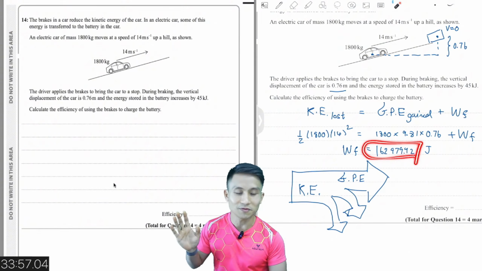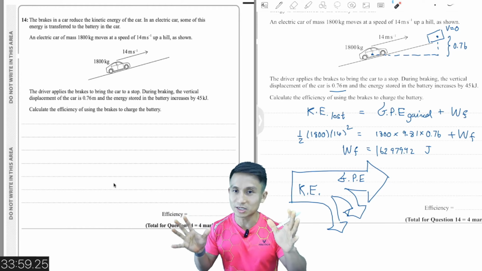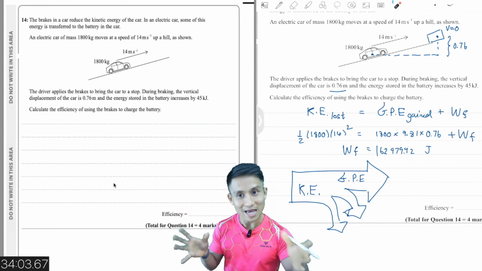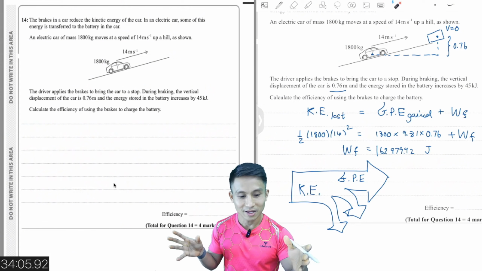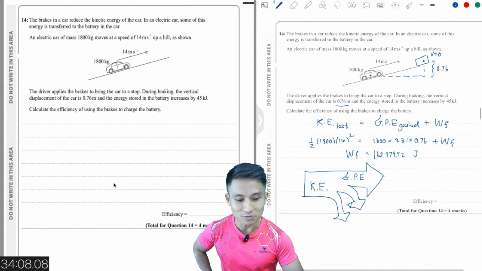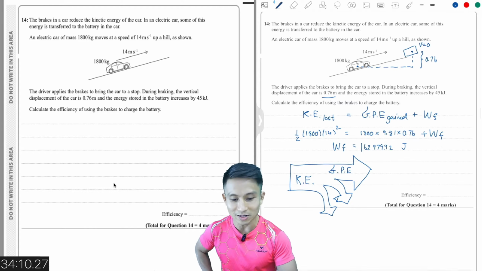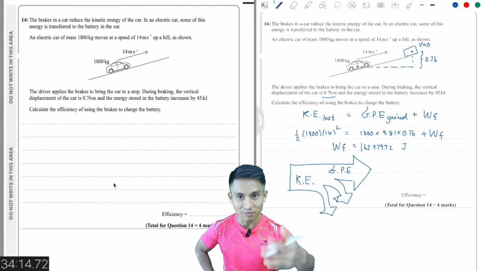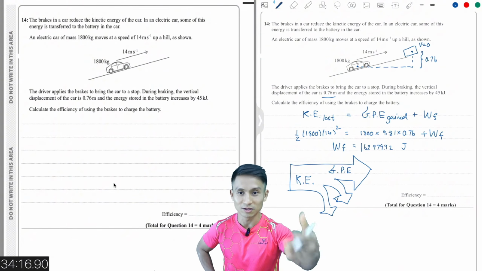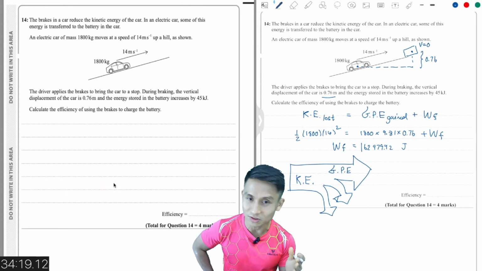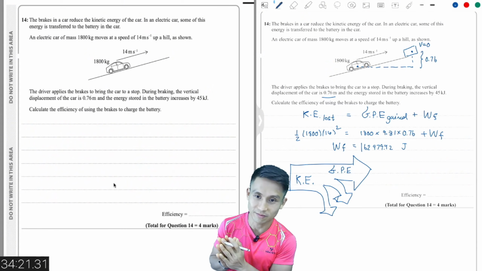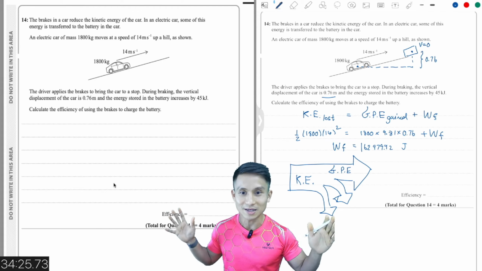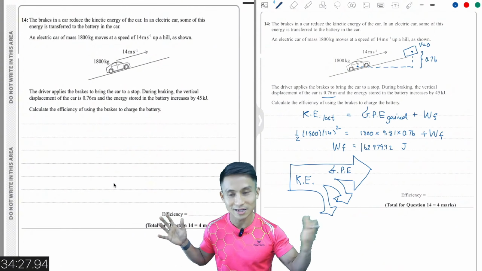This can be thought of as the total input that the electric car, like the battery, can take, right? So that means the efficiency must be based on this value and not the total kinetic energy, because you have to remember that some kinetic energy must be converted to the GPE gain first. So the leftover, the remainder, would be the maximum possibility of the battery car that it can take.